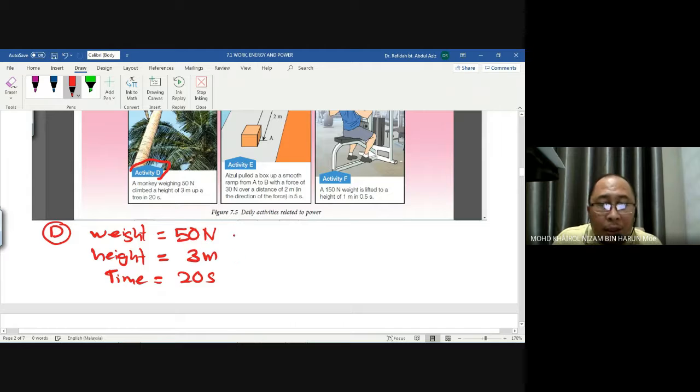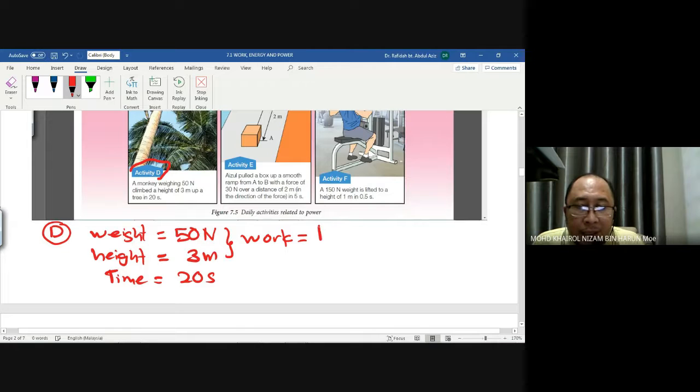So, how do we find the power of this monkey to climb a tree? Based on the formula given, we have to find the work done first. Work done by this monkey is force times displacement. So what is the force?